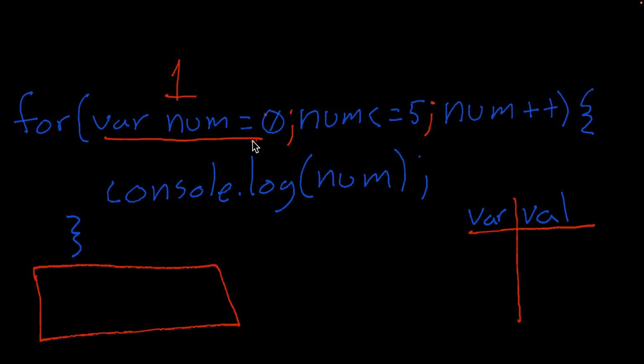So go ahead and write this in our T diagram. Num is 0. Simple enough, right? Then we enter section 2.